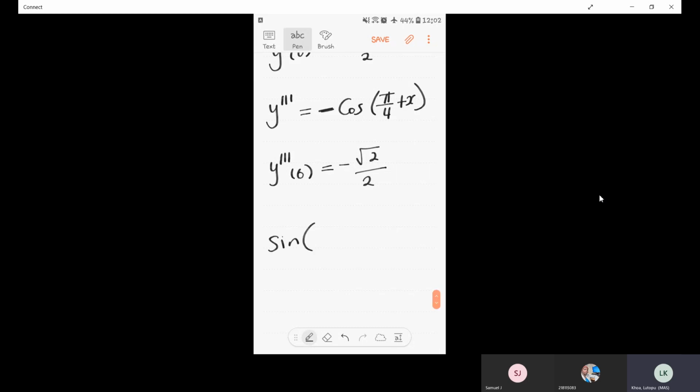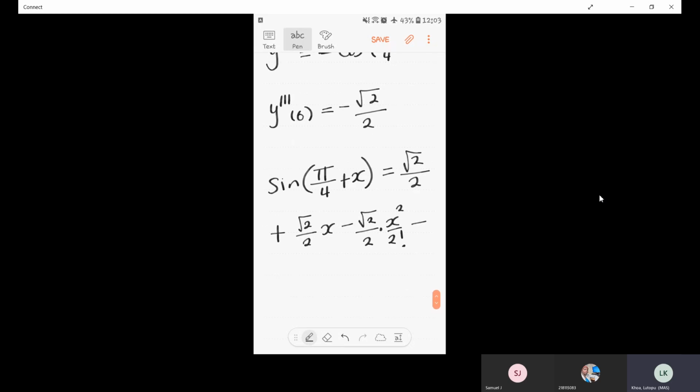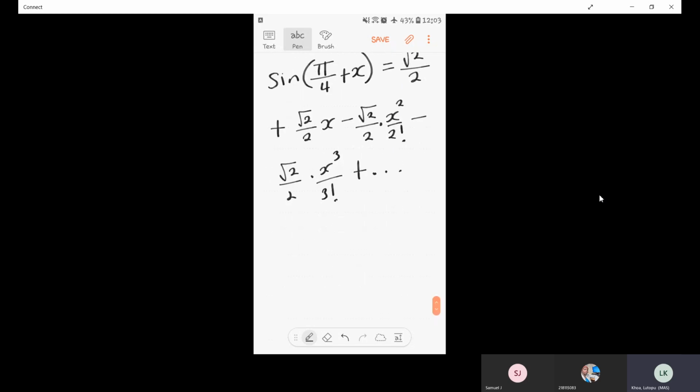So sine of pi over 4 plus x is equal to y of 0, which is square root of 2 over 2, and then I add the next one, y prime of 0, this is square root of 2 over 2, then you multiply this by x, and the next one was negative square root of 2 over 2, you have x squared divided by 2 factorial, and then the next was negative square root of 2 over 2 multiplied by x to the power of 3 over 3 factorial, and then plus dot dot dot to show that it continues.